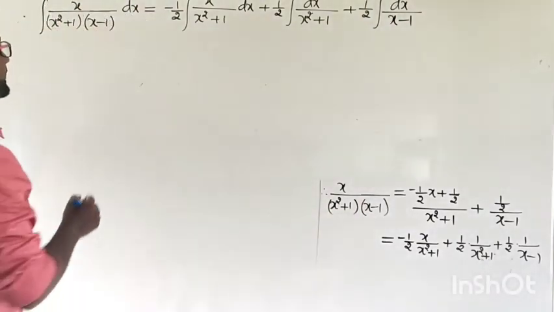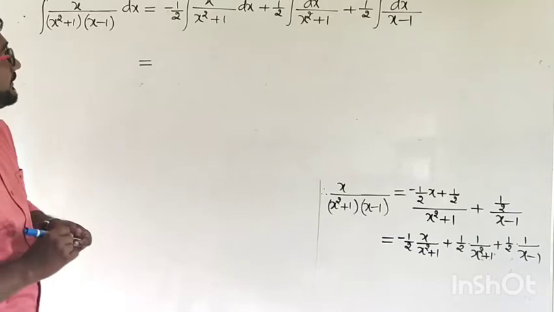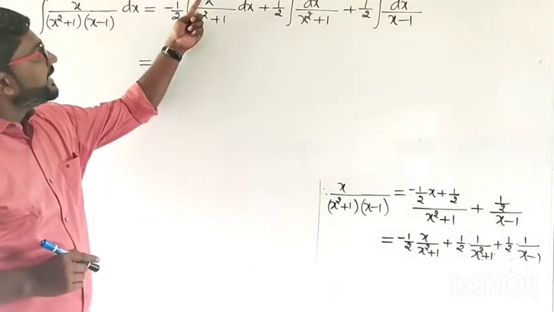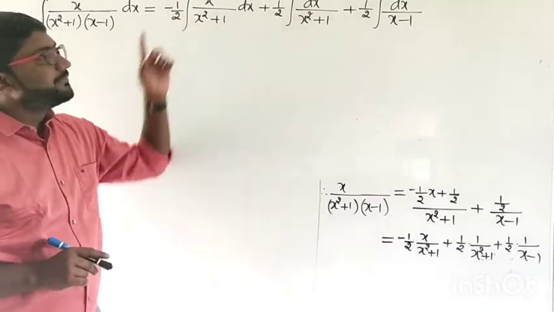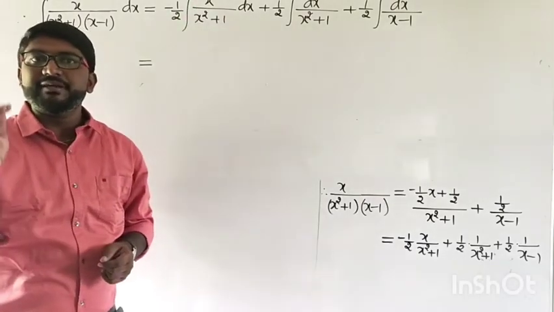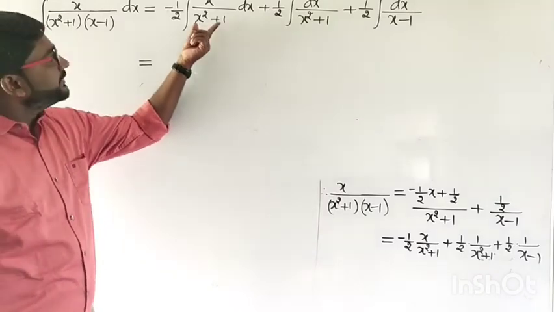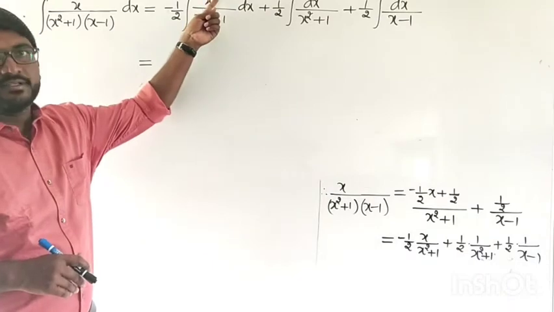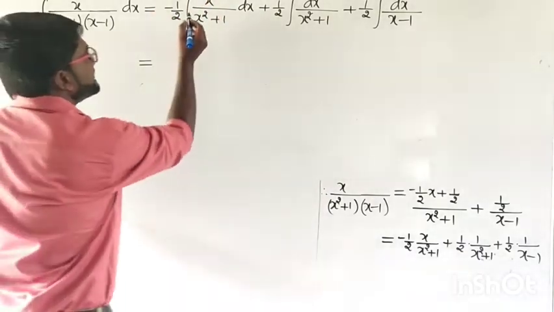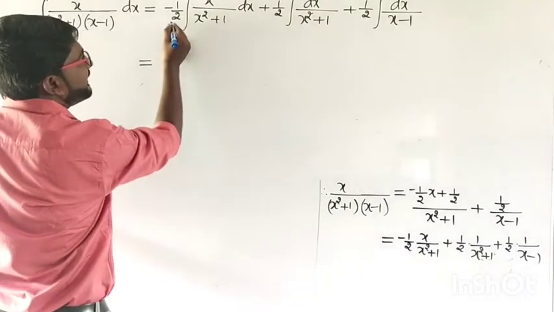So now see here, we have to multiply and divide by 2 because we should convert this in the form of integration of f dash of x by f of x. In the denominator we have x square plus 1. Differentiate this, we get 2x, but here we have only x. So for that I write one more step now. Multiply and divide by 2.